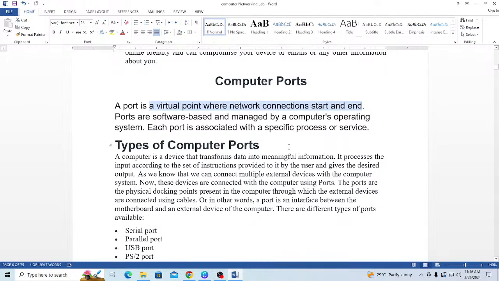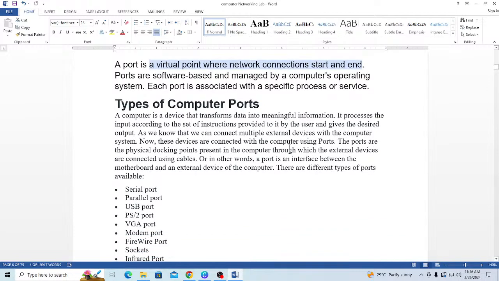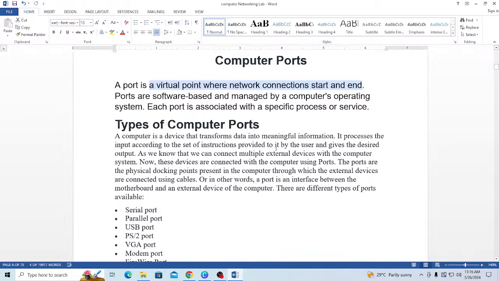So different types of ports are available. That means we have a number of types of ports which are used for communication in computer networking, or we are transferring data as meaningful information to other devices. It is a process of inputting, as well as getting a set of instructions provided by the user, and gives a desired output.